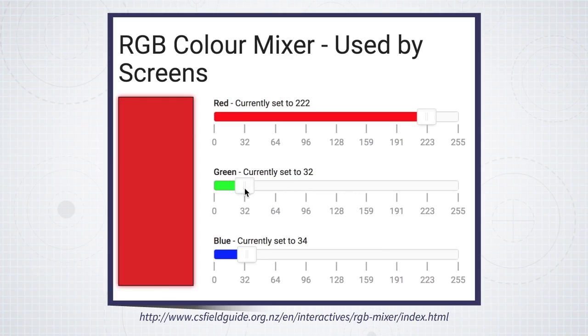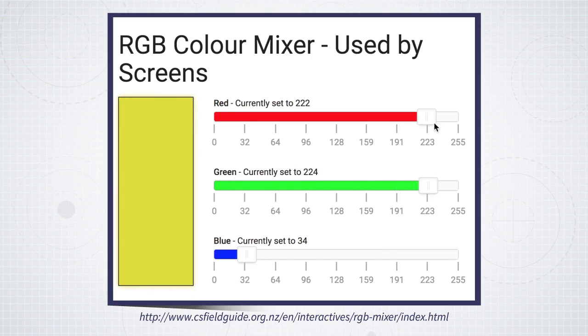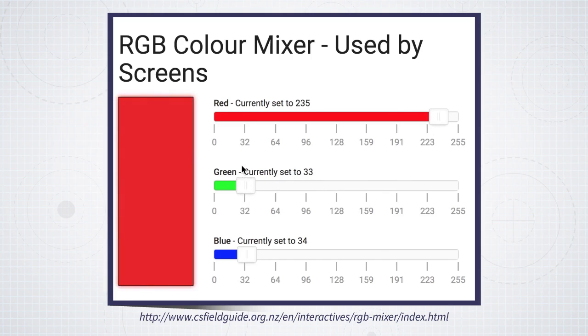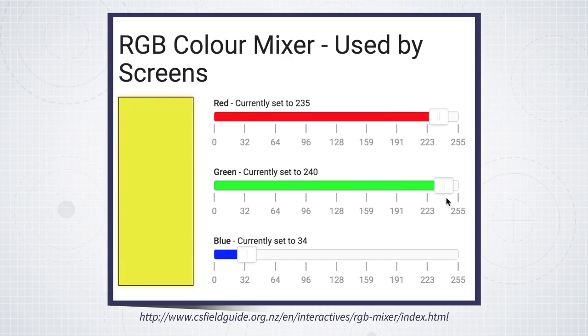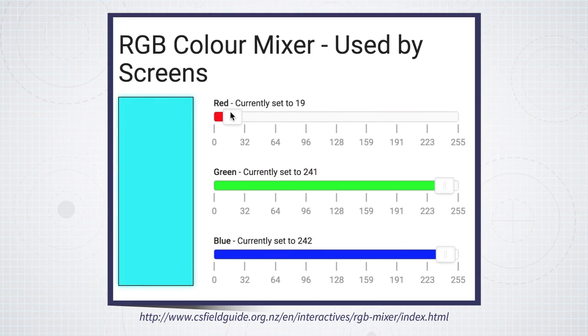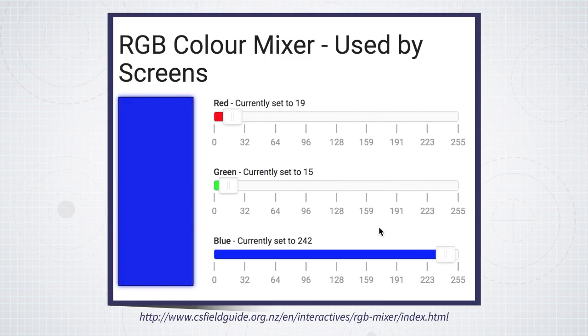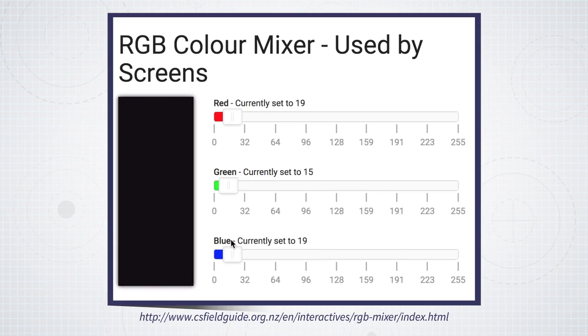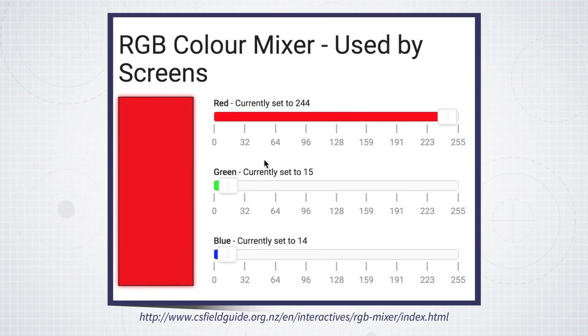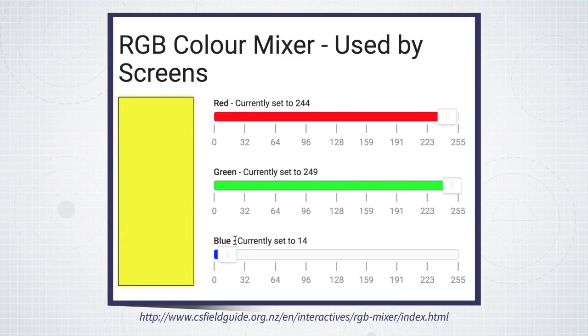For instance, if I do lots of red and lots of green, I get yellow, right? If I do lots of green and lots of blue and I remove red, I get cyan. If I have all values close to 0, it gets very dark and basically black. If I use the maximum intensity of all of them, I get closer and closer to white. Okay.